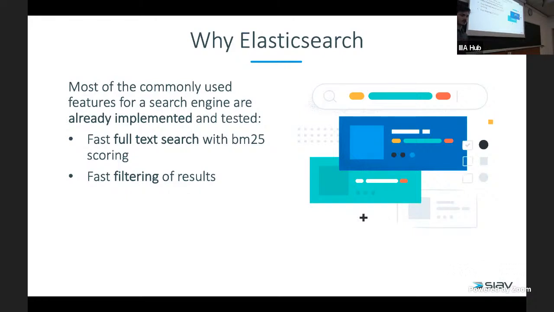The two main features are very fast full text search using the BM25 scoring, which also includes the ability to do some standard improvements such as stopword removal, as we said, and stemming, and a very fast filtering of the results, which will determine the documents that a user will be able to see when making a certain query.